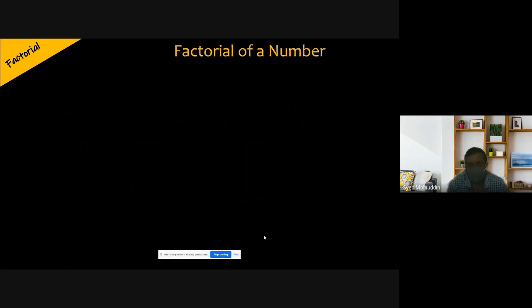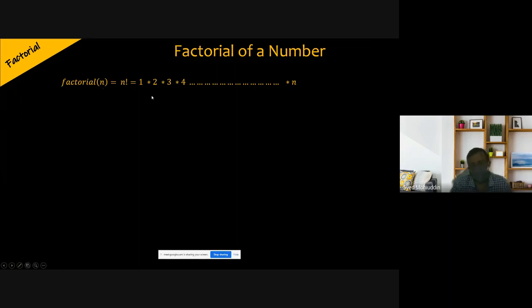Factorial, we all know, mathematically, if we say n factorial, it is represented by n exclamation, which means 1 multiplied by 2 multiplied by 3, 4, and so on till n. Now, in programming, let us call this an algorithm factorial of n.